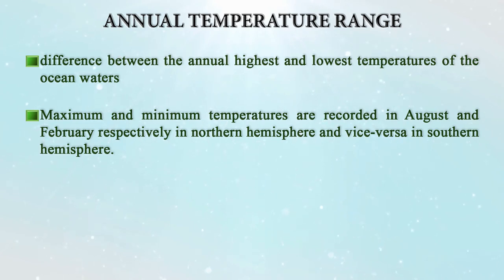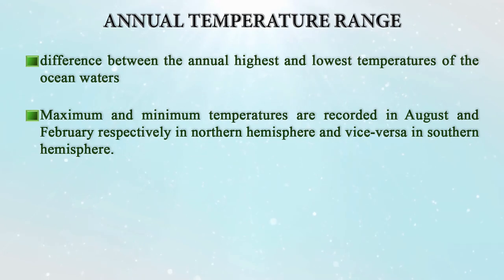But in case of oceans, the extreme temperatures are studied in the months of August and February, because water has a high specific heat capacity, and so it takes more time to heat up and cool the water compared to the land areas.